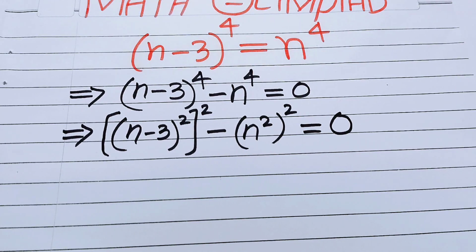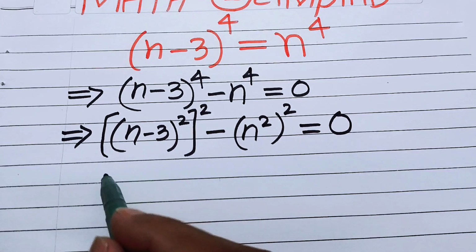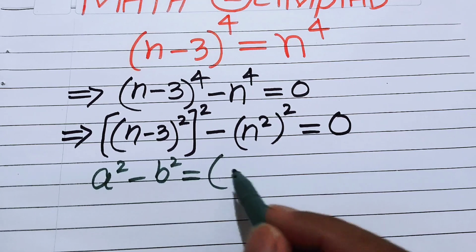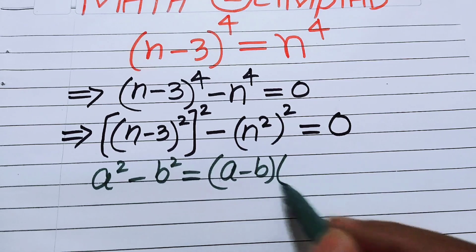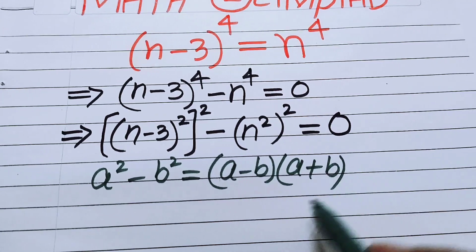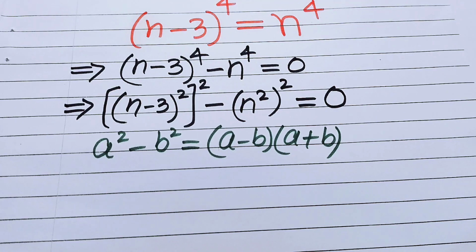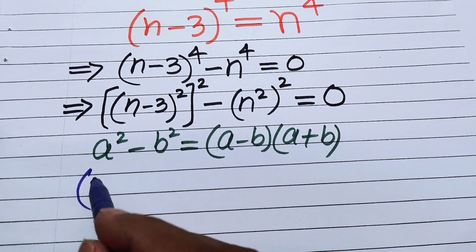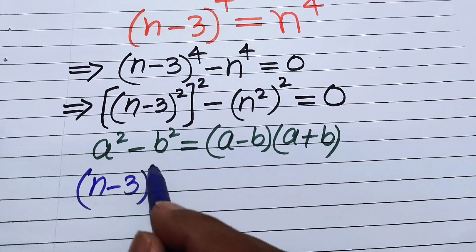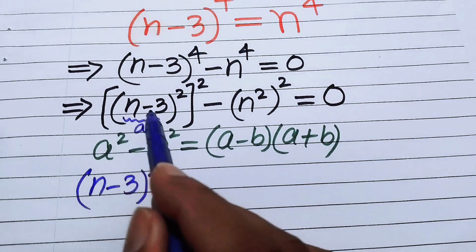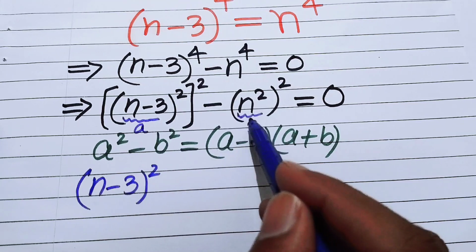In the next step we will use the nice square identity, and you know about this identity. If we have a squared minus b squared, it equals (a minus b) times (a plus b). So now we use this nice formula in the above term, because here you see that the value of a is (n minus 3) squared, and the value of b is n squared.